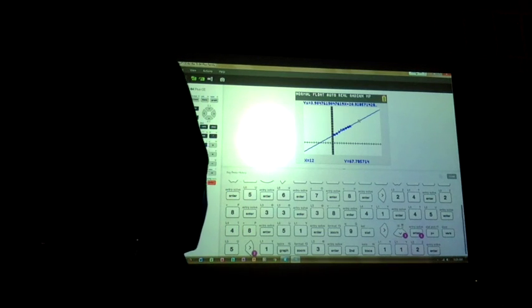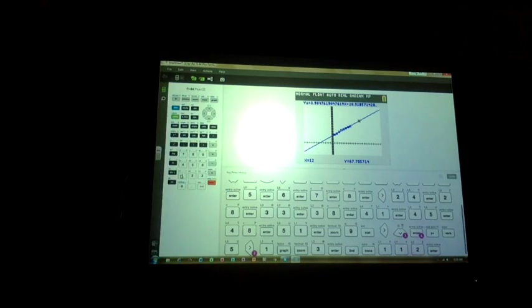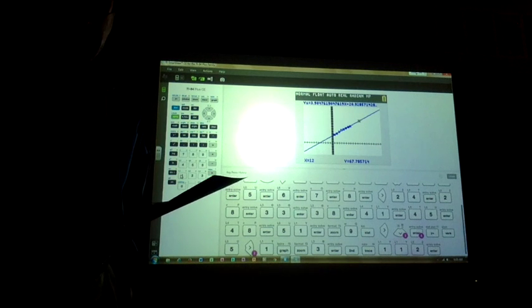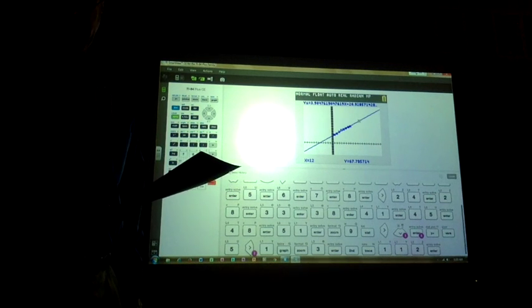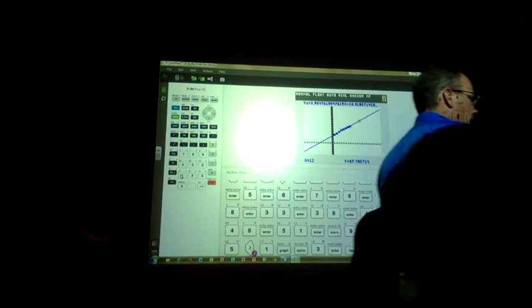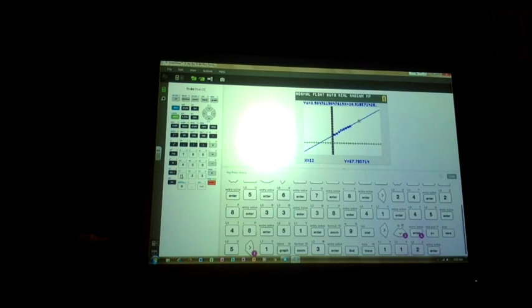How do you find a y? On this? All right, so if you wanted to know how old the kid would be when they are 35 inches, you would do this. You need to make a horizontal line. So you're going to go y equals, you're going to go to y2, and we said 35.